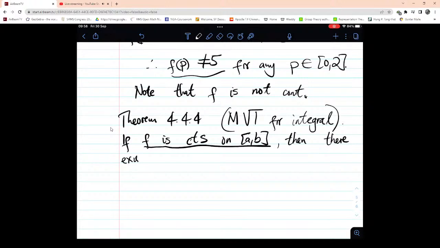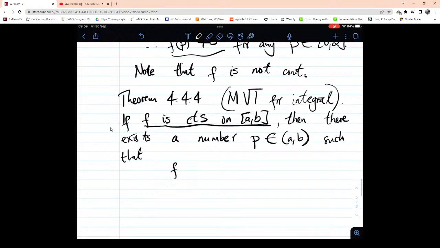there exists a number p in the open interval (a, b) such that f of p is equal to the average, which is 1 over b minus a, the integral from a to b of f of t dt.